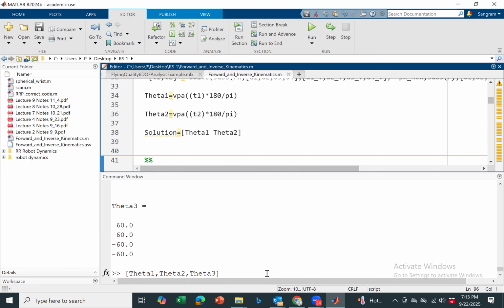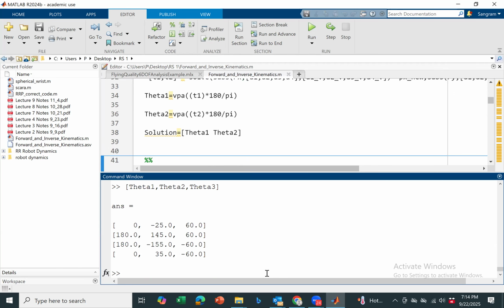So now, when you try to find the joint angles corresponding to the px, py, and pz that we have specified, those joint angles can be one of these.